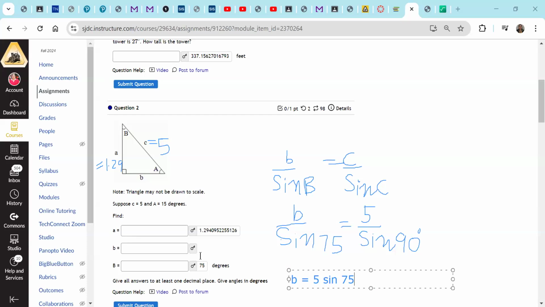This is what we will calculate on the calculator. And when you calculate that, you will reach this number. Check that if you calculate 5 times sine 75, are you reaching 4.8296? 4.8296. Let me know in the chat once you're done calculating. 4.8296.